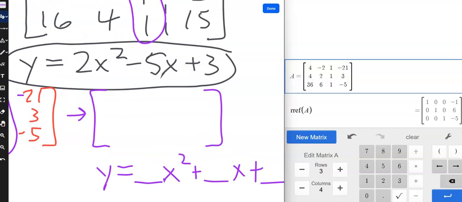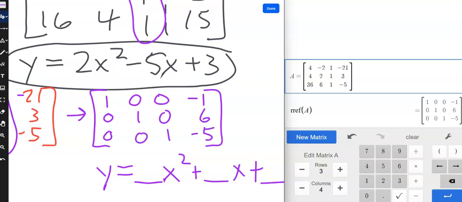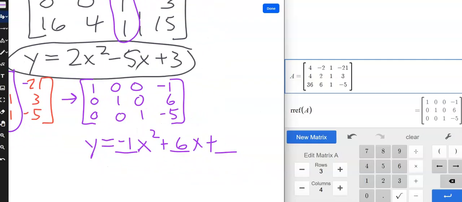Okay. So, 1, 0, 0, negative 1, 0, 1, 0, 6, 0, 0, 1, negative 5, and so now we know negative 1 goes there, 6 goes there, and if you want to, you can just get rid of that and make it a negative 5.